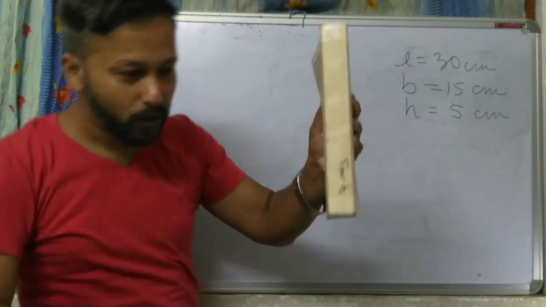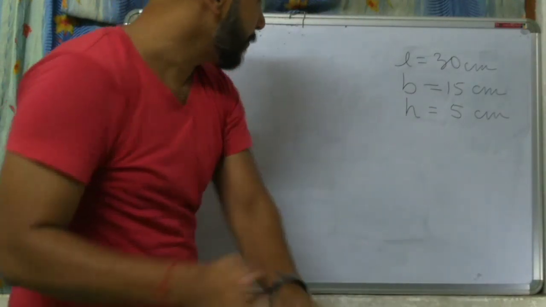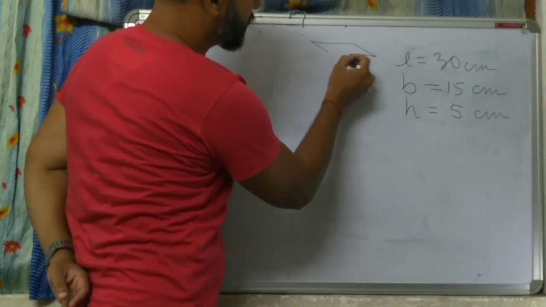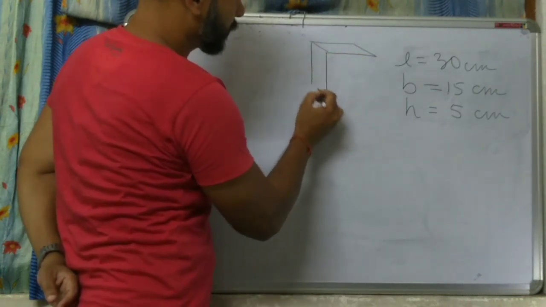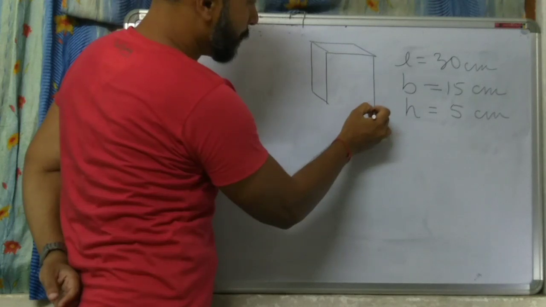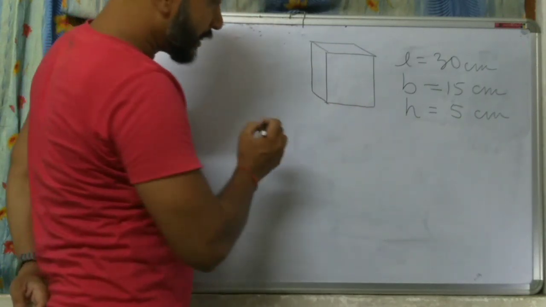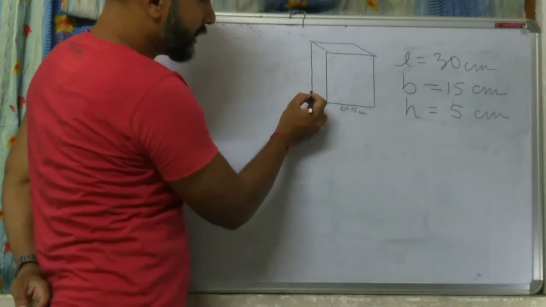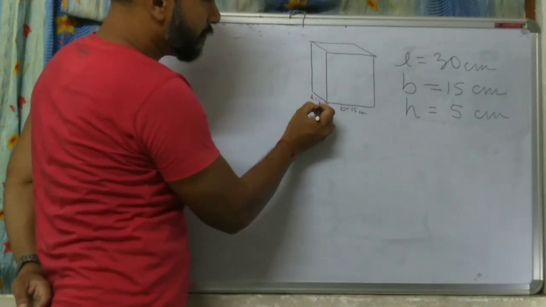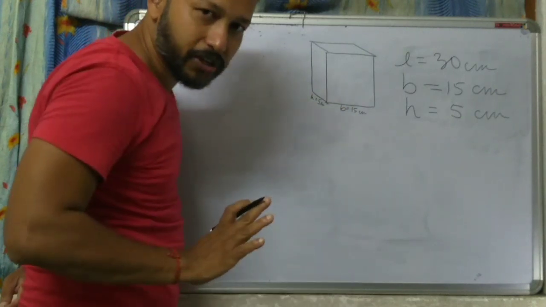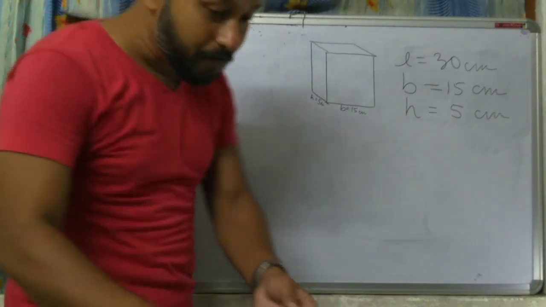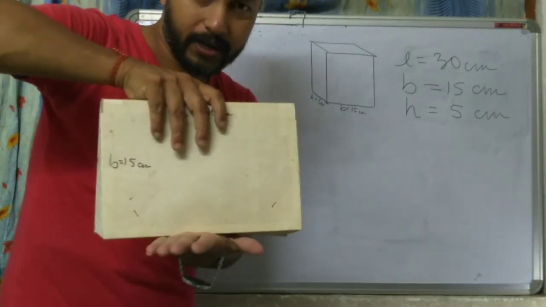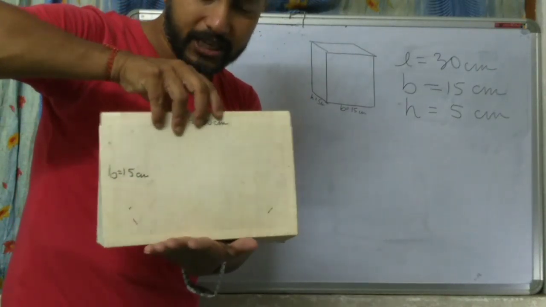So when you are keeping your book this way, say this is my book, then the breadth, that is 15 centimeter, and this height, 5 centimeter, is in touch. Got it? Now if you are keeping your book this way, fine, then which portions are in touch?